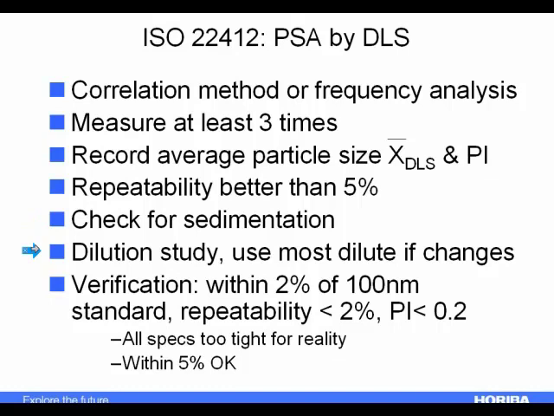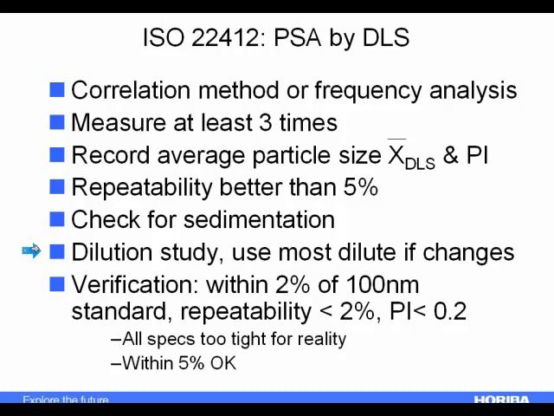What is also recommended for many samples, if you're willing to put in the time, is a dilution study. Especially if it's the first time you've measured a sample, I think that's a good idea using DLS. Although all of the vendors of DLS instruments now say, yeah, we can work at high concentrations, you're still not really sure if the value reported at the high concentration is truly the most accurate.